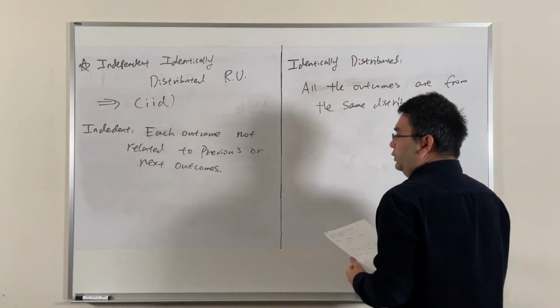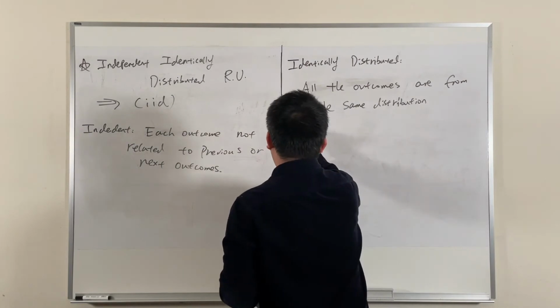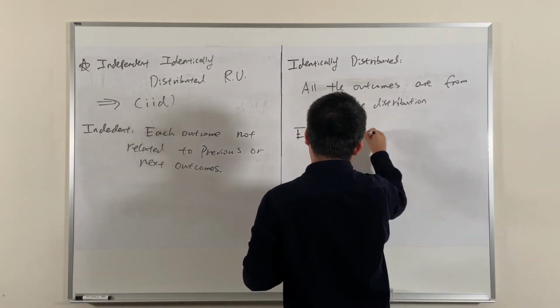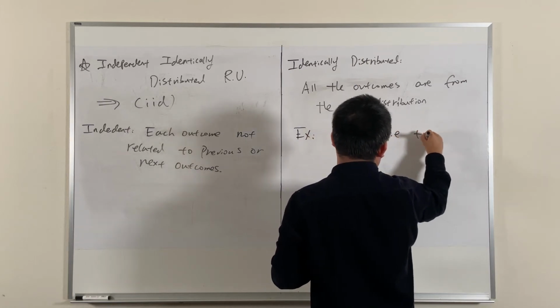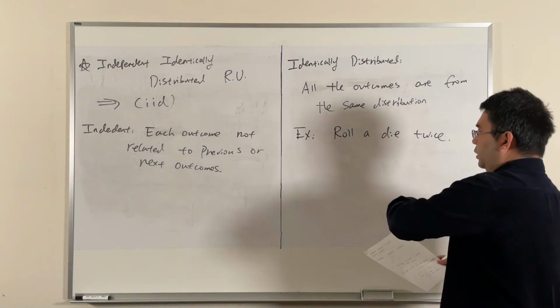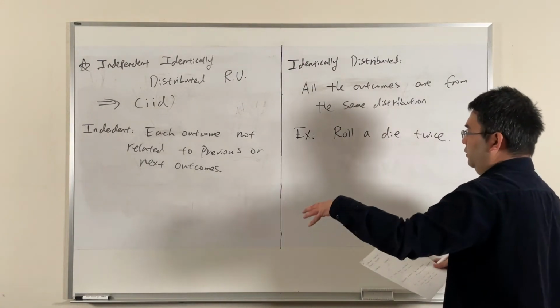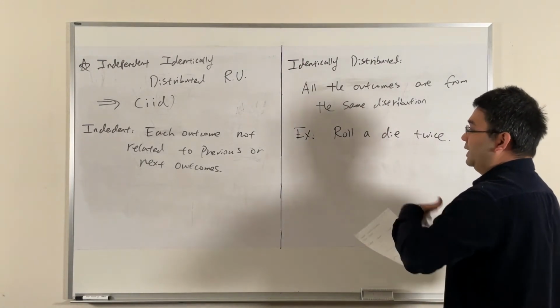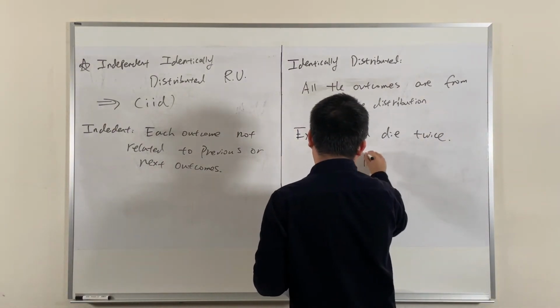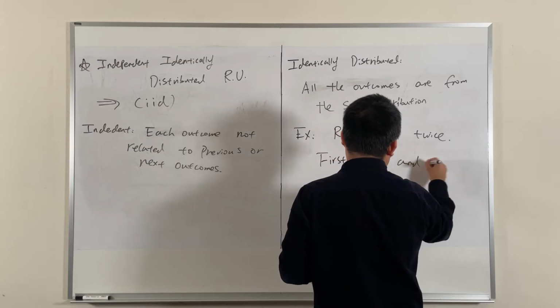Let me give you an example. You roll a die twice. The first roll and the second roll, the first outcome and the second outcome, are IID, right?